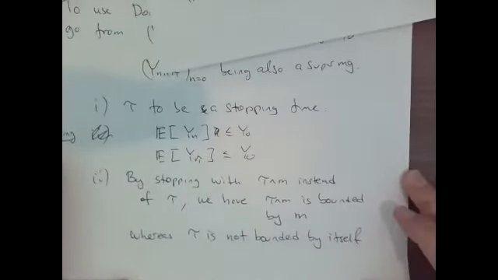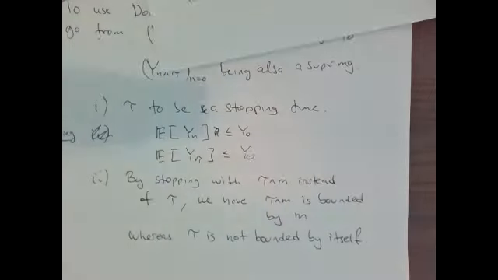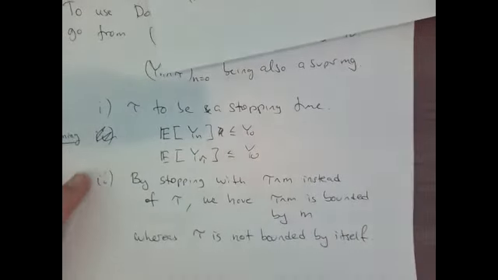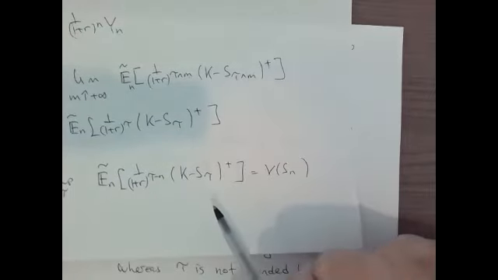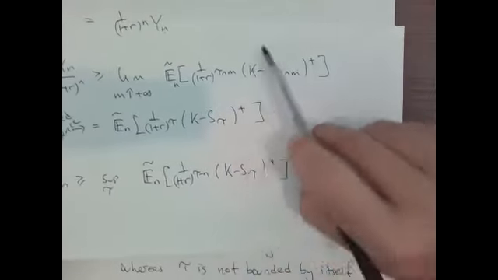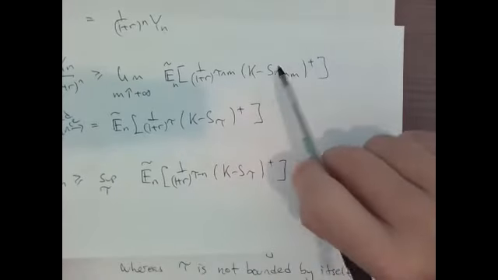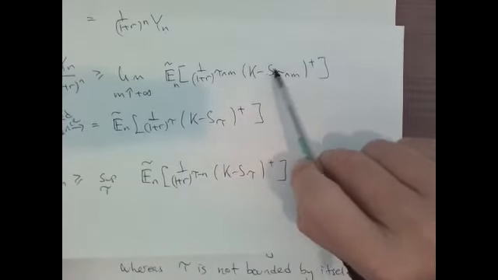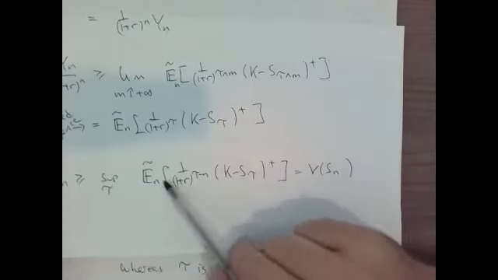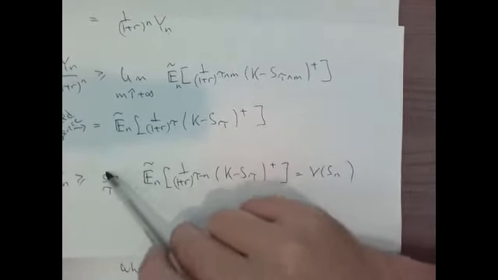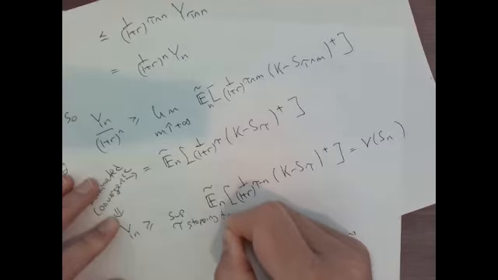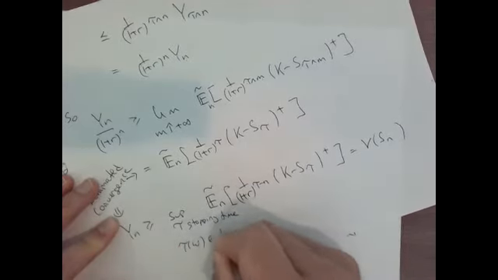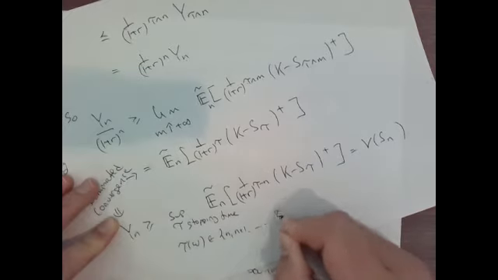I'm just making sure that I'm not making a mistake anywhere in here. The way that I ensure that is that I apply Doob's theorem to finite stopping times. And then, of course, the price that I'm paying is that I have to move m to infinity. On the right-hand side, there's no requirement that tau has to be bounded. It's just a requirement that tau is a stopping time, and tau of omega takes values n, n plus 1, and so on, with no upper limit.